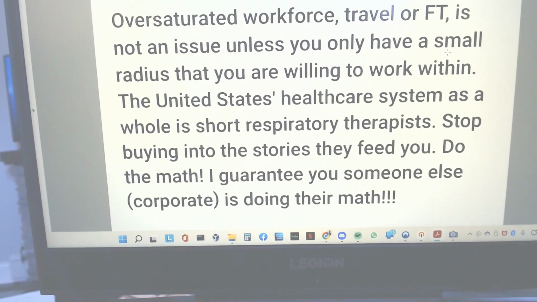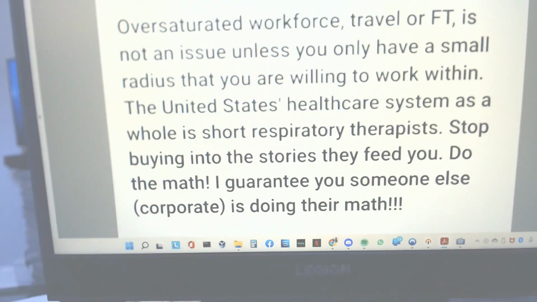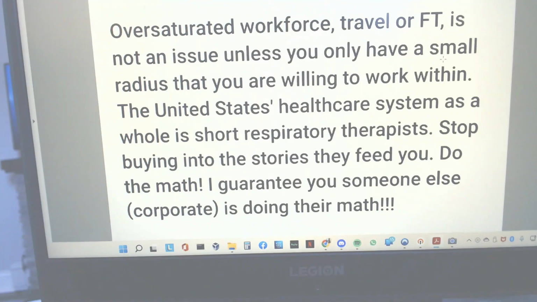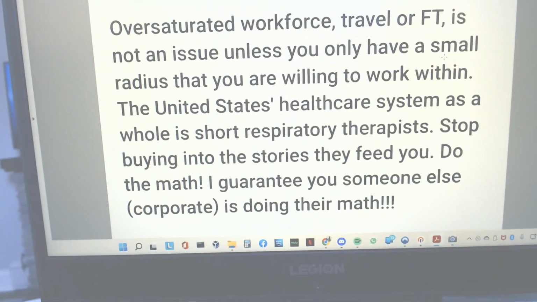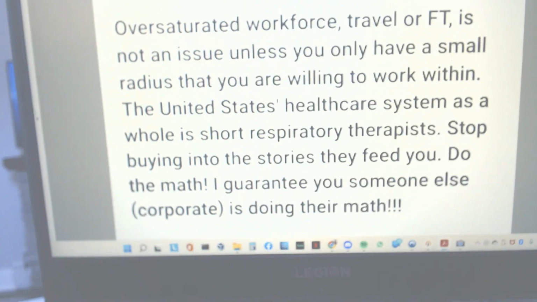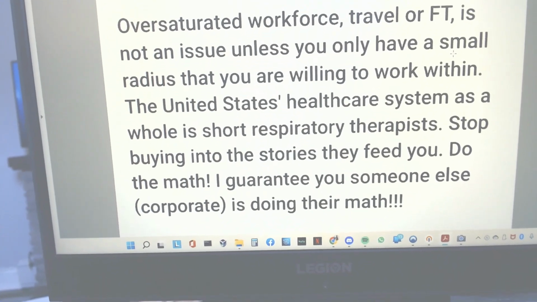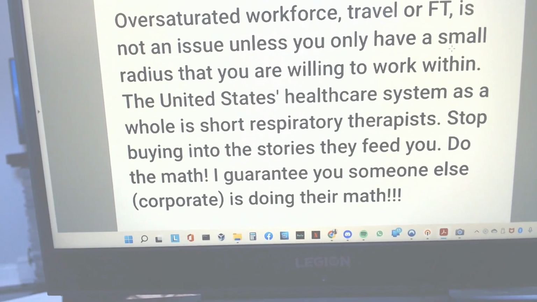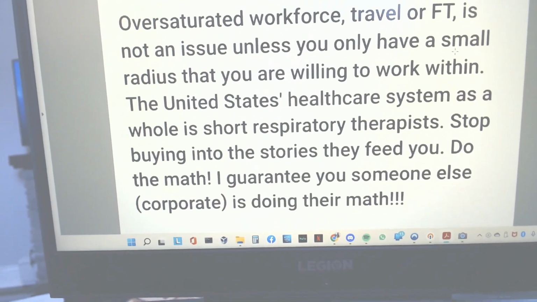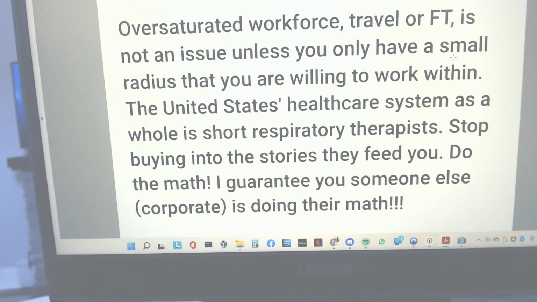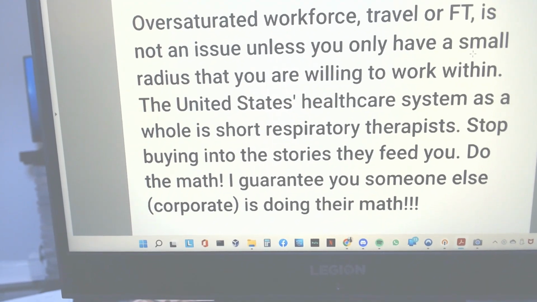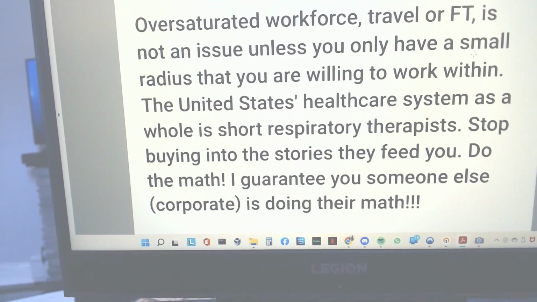There might be work that you're not willing to go do. That's a different story. Places that you're not willing to go to, that's a different story. But do not say it's oversaturated. It is not. There is no oversaturation possible. If we all stopped working full-time and we all went and did our own business and became full-time travelers, still wouldn't be oversaturated. Nope.